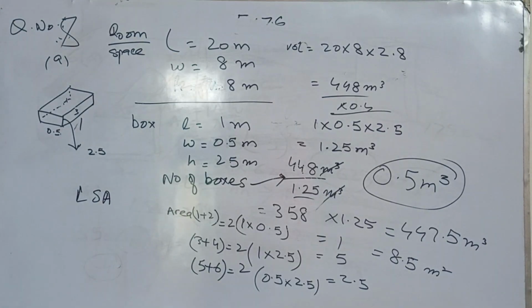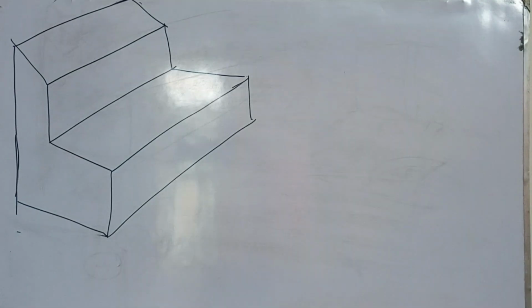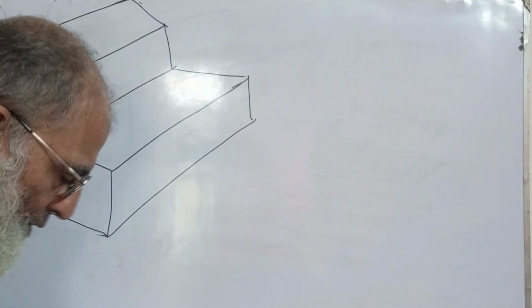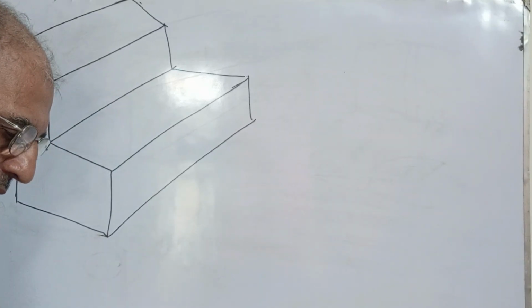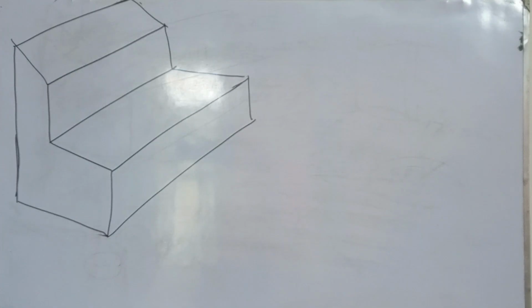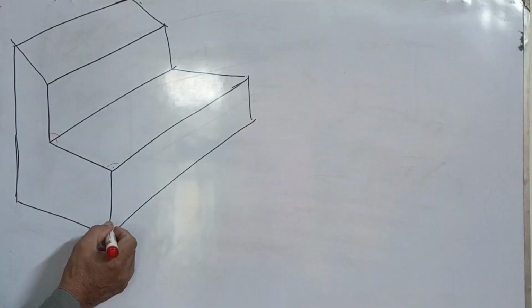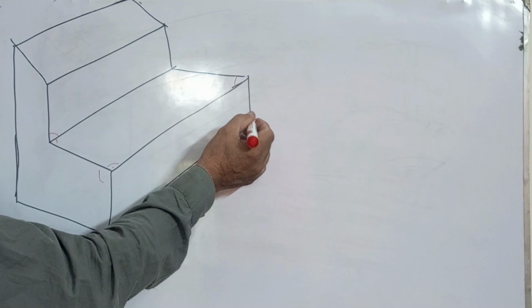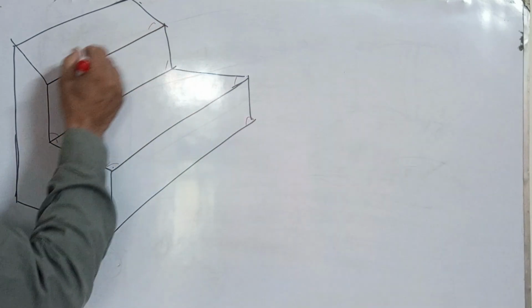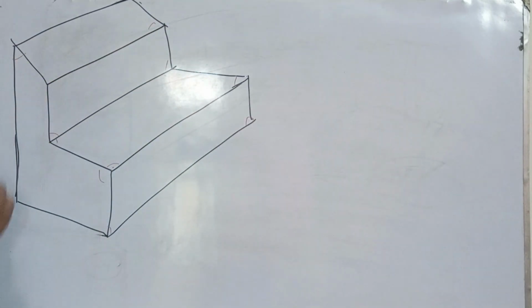Now the next question is very lengthy. It has many parts. My dear students, this is a rough freehand figure which is given to you. All the angles are right angles. Here the right angle, here, all are right angles, except this one.